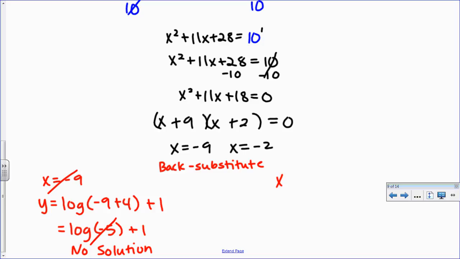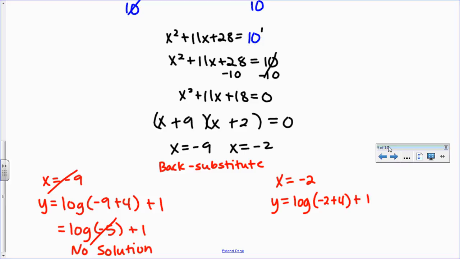Now let's try x equals negative 2. So that's log base 10 of 2 plus 1. So you could type that in and we'll approximate, let's do 3 decimal places. So I have 1.301. You guys got? Okay.